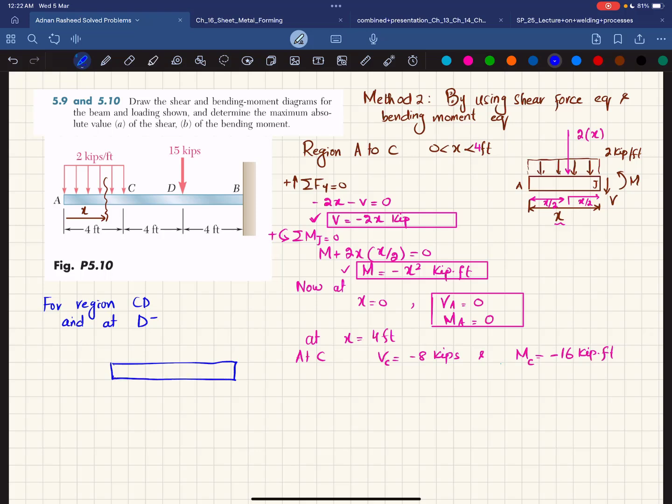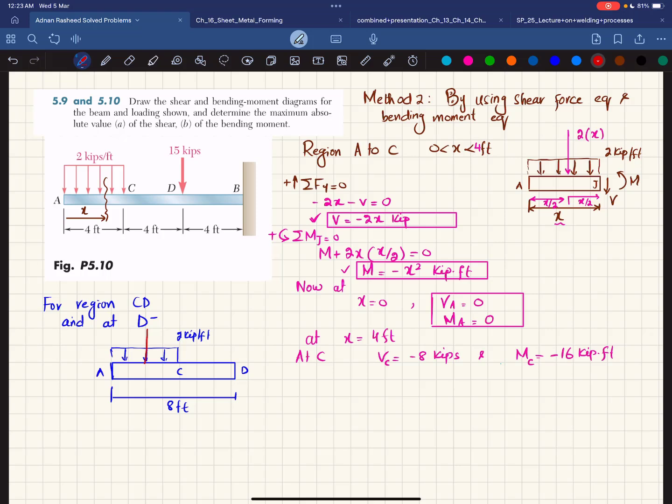This is the beam from A to C. There is a distributed load of 2 kips per foot. From C to D, this is C and this is D, so the total distance is 8 feet. We will convert this distributed load into a point load.